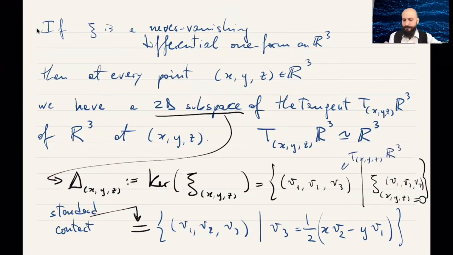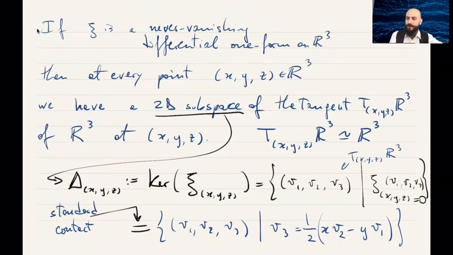Moreover, these planes, we can call it plane field, have the property that in the case of the contact structure, you never have the vertical lines, because if this is non-zero, then V1 and V2 cannot be both 0.